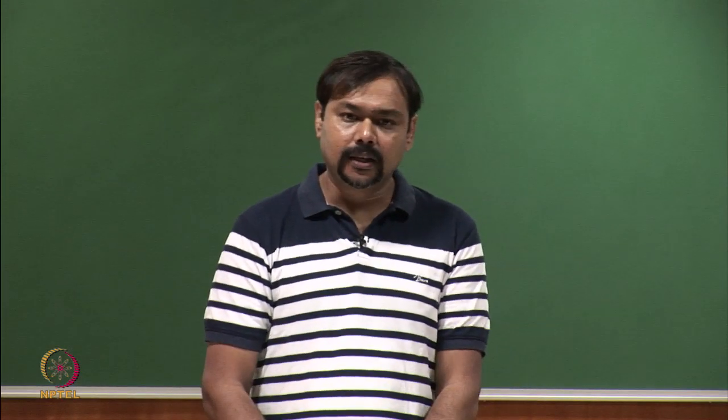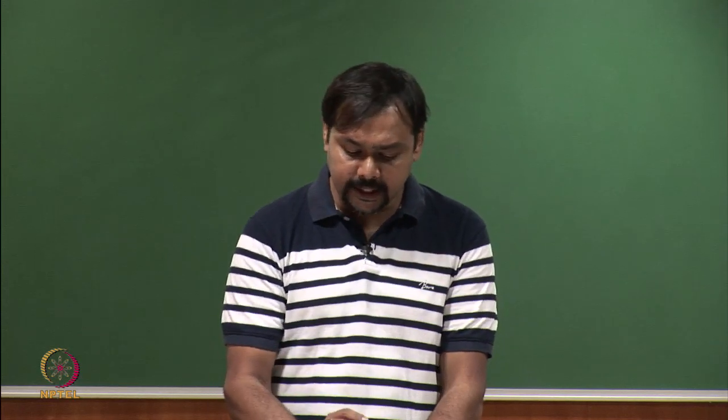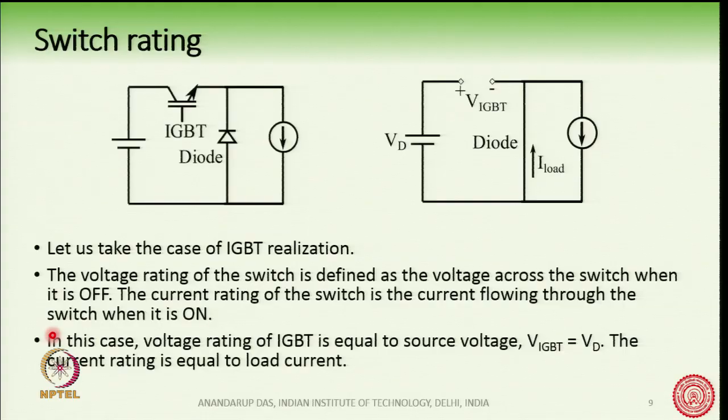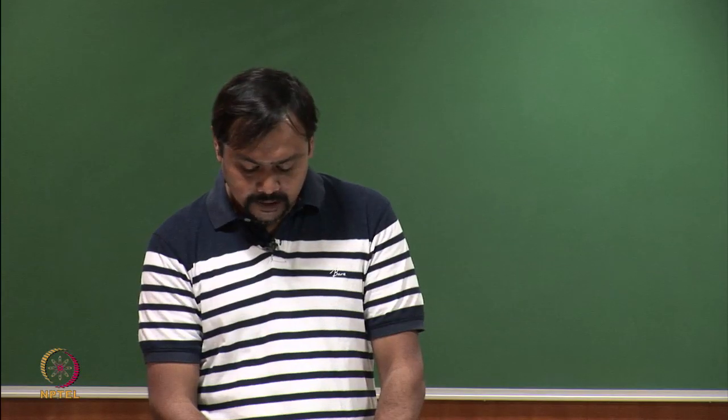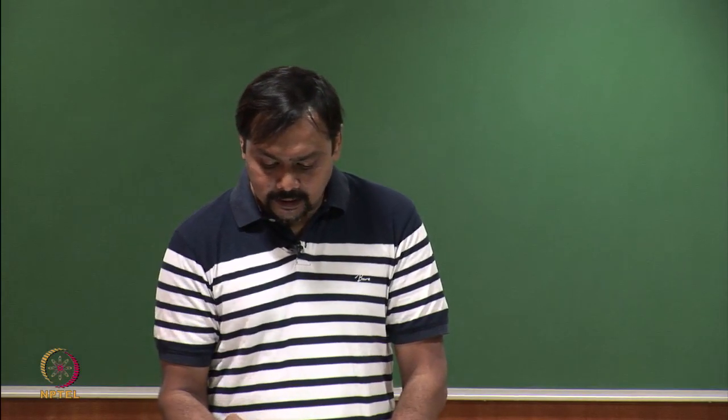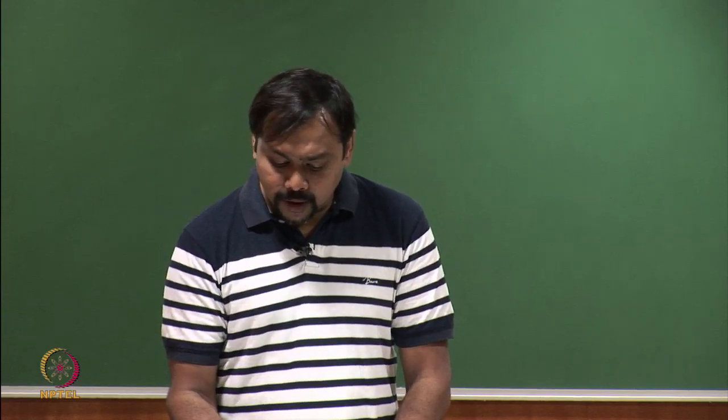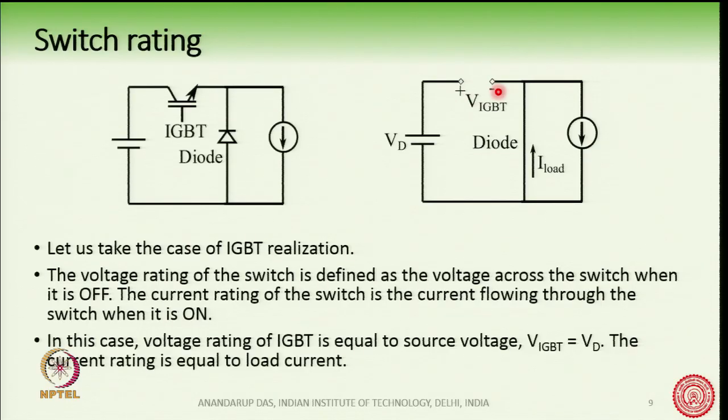So, let us try to find out first what is the voltage and current rating of the IGBT and diode in this particular circuit. Suppose we want to find the voltage rating of the IGBT. To do that, we find the voltage across the IGBT when it is turned off.